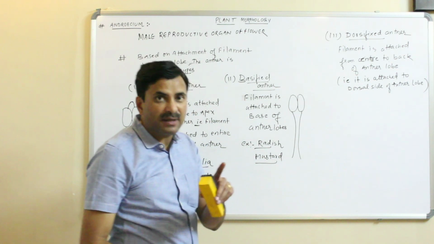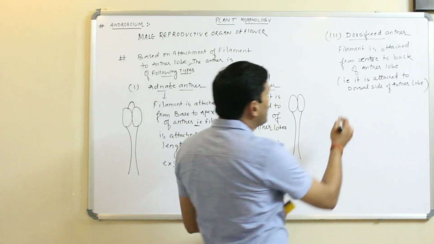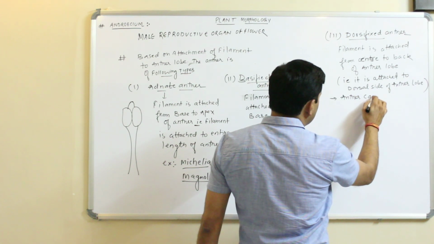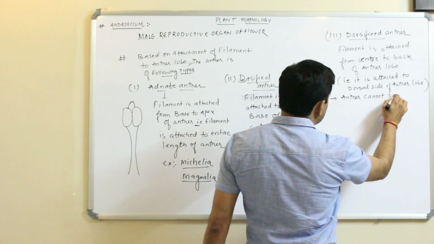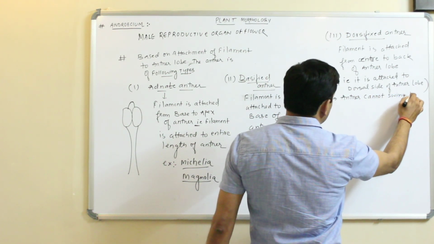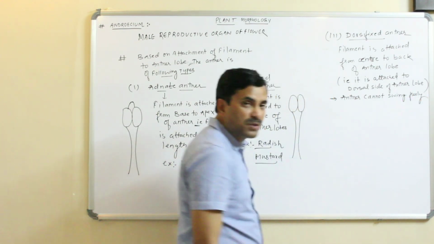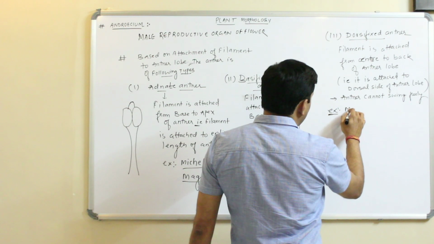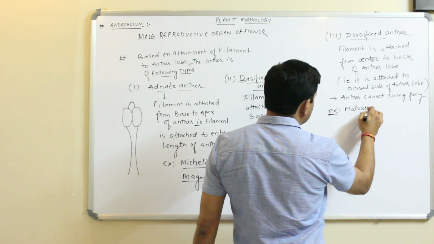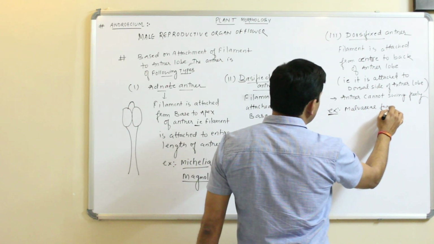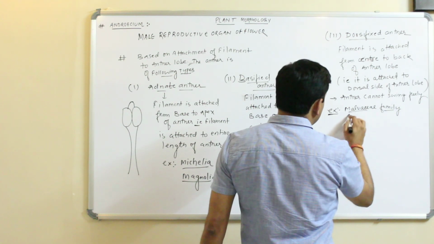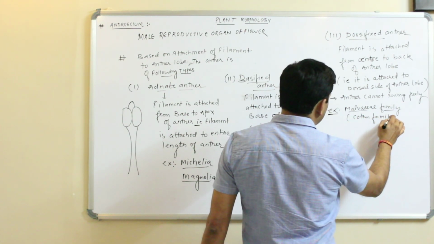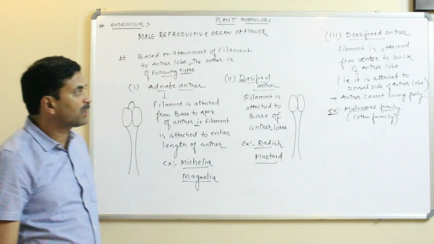But remember, here the anther cannot swing freely. The best example of the dorsifixed anther is the Malvaceae family. In the Malvaceae family, the anthers are dorsifixed. Malvaceae means the cotton family.